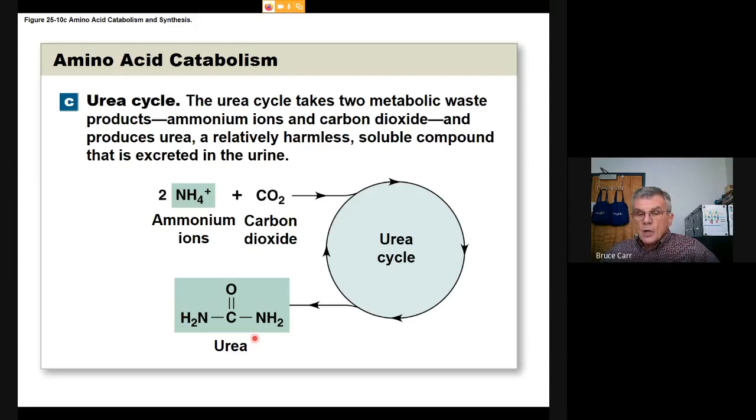Urea concentrates the ammonium ion. Notice that now 1 molecule is carrying 2 NH2s. So it concentrates. This is very destructive to living cells. This is still toxic, but at much higher levels. So our body can tolerate the presence of this ammonia.